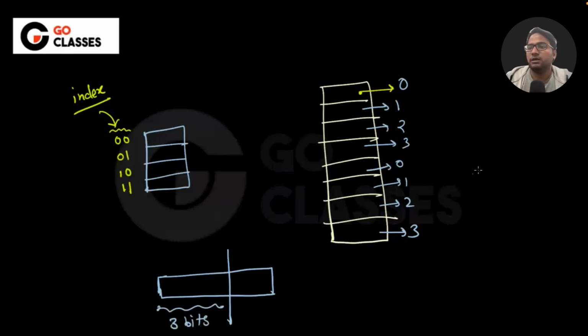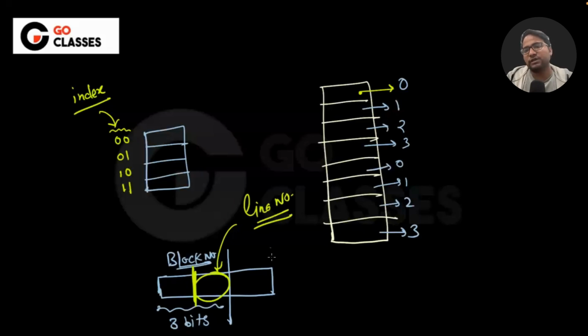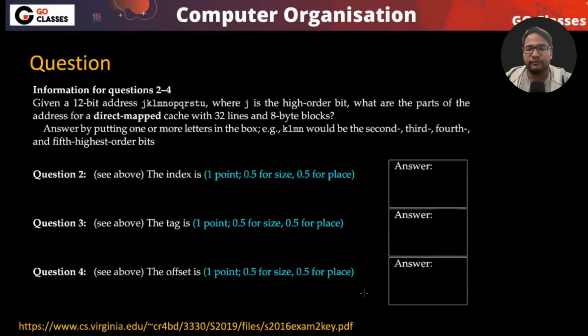Is this okay to everyone? Now, if I further ask you which line any of the blocks belongs to, then you can further divide it, and you can tell me the line number also. Let's do more questions and then you will understand more.